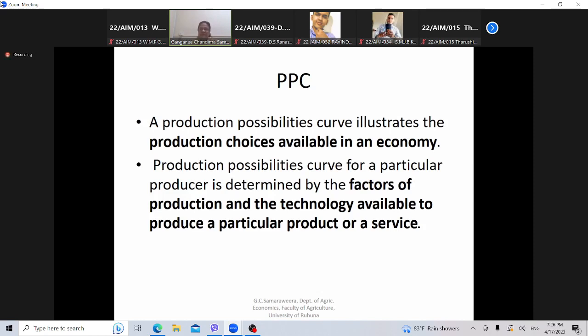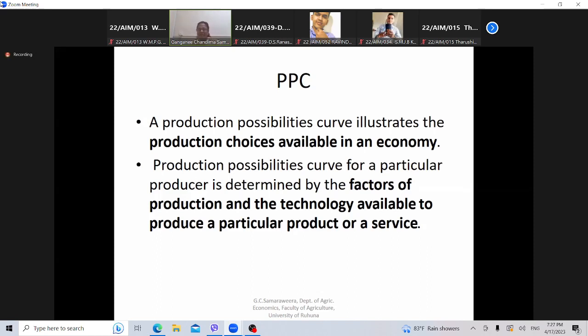By using these inputs, how can we produce products? I hope you remember how we draw this one. We took production efficiency points, then we combined all points and drew this production possibility curve.